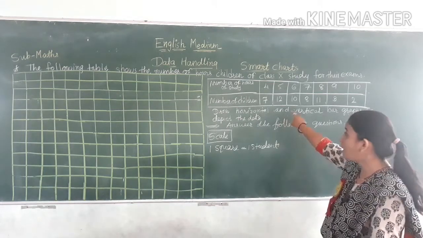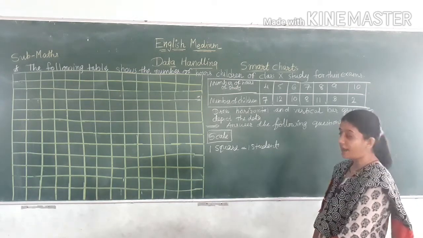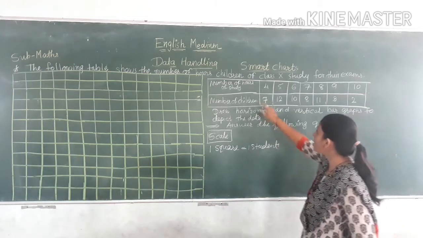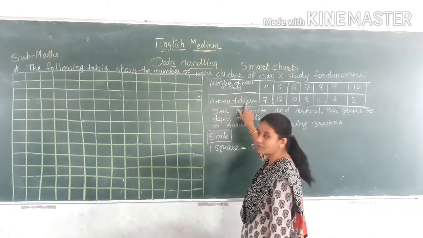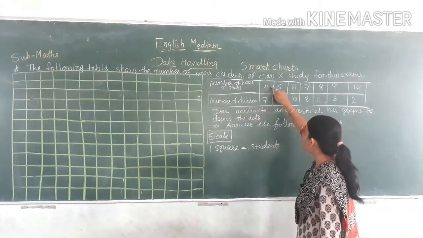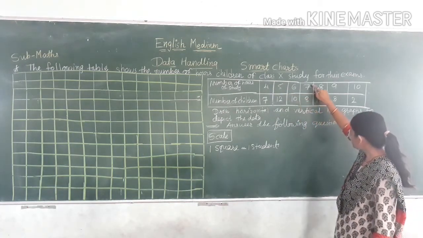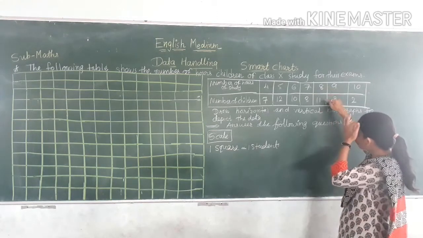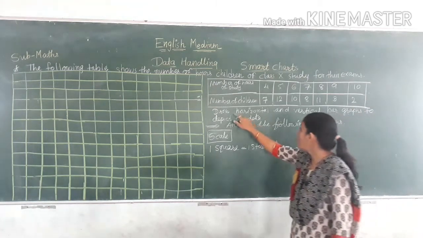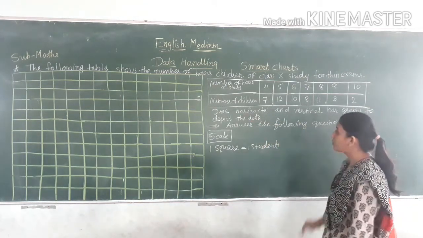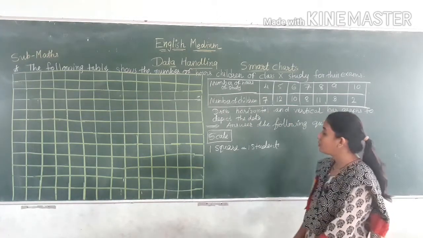Number of hours of study and number of children: 4 hours, 7 children; 5 hours, 12 children; 6 hours, 10 children; 7 hours, 8 children; 8 hours, 11 children; 9 hours, 3 children; 10 hours, 2 children. Draw horizontal and vertical bar graphs to depict the data.